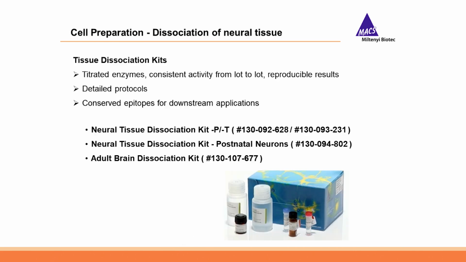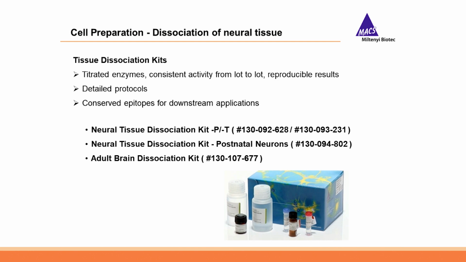For neural tissue dissociation, we developed kits optimized for the special needs of the neural tissue. We have here titrated enzymes, consistent activity from lot to lot, and these kits really give you reproducible results. We also give here detailed protocols, and it's also very important that these kits ensure the conserved epitopes for downstream applications, which is very important so that your separation or analysis works afterwards.